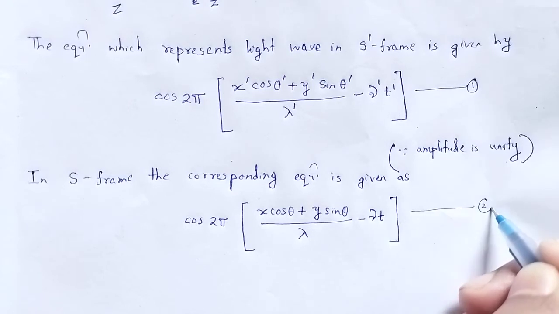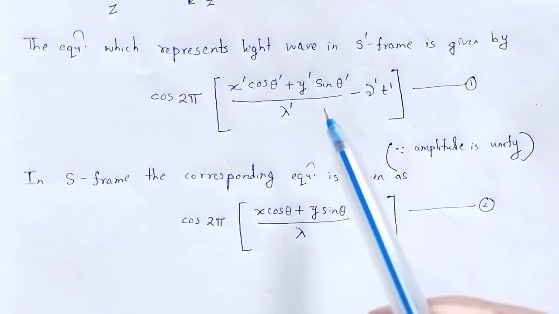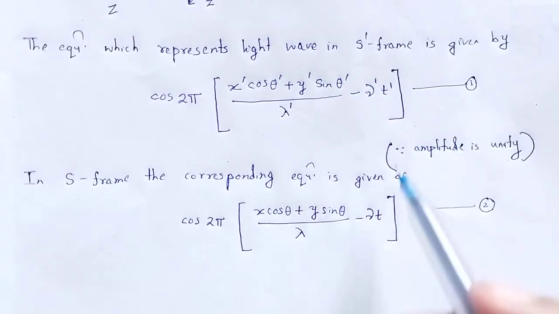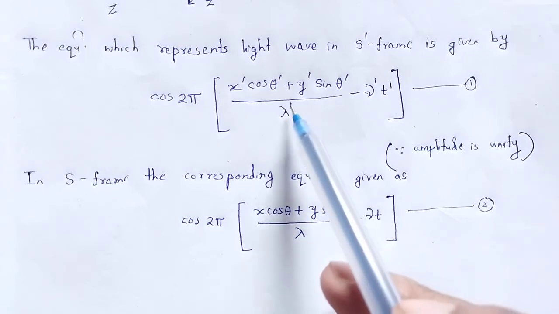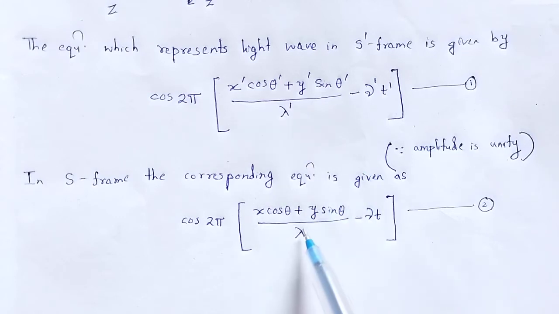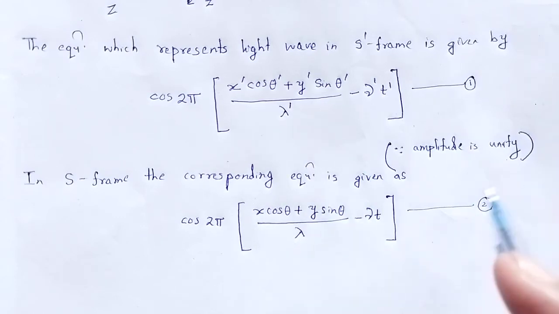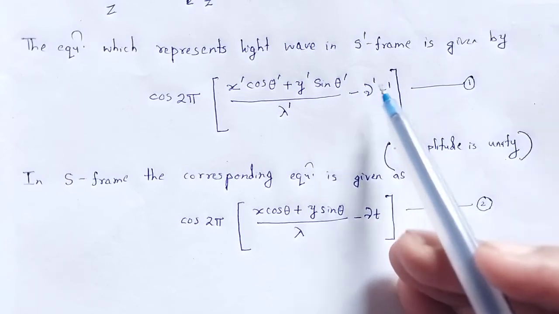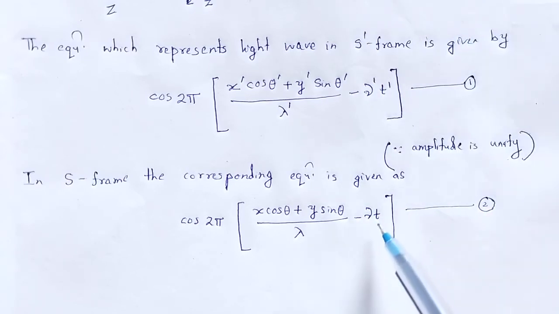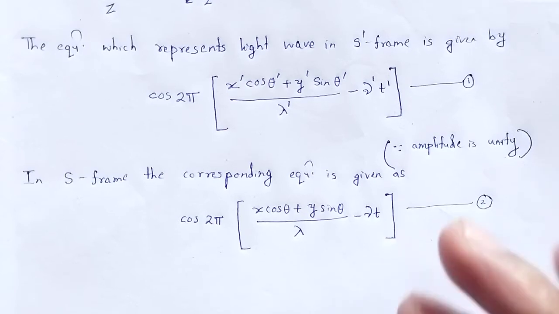That is equation number 2, where lambda dash and lambda are the wavelengths in the S dash frame and the S frame, and nu dash and nu are the frequencies in the S dash frame and the S frame.